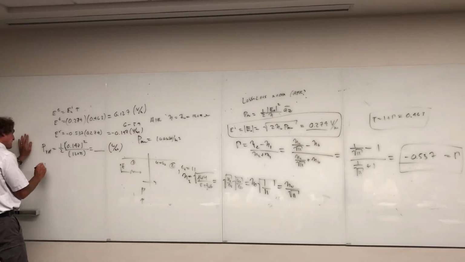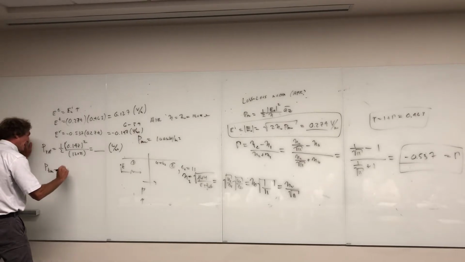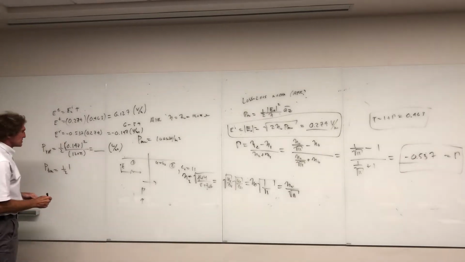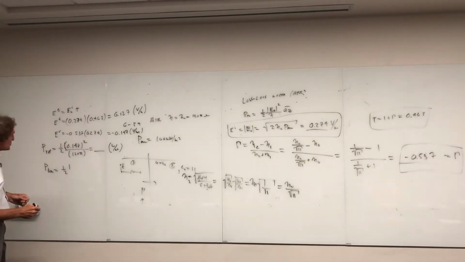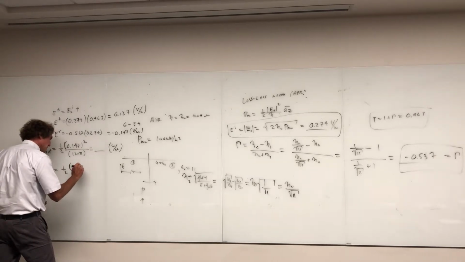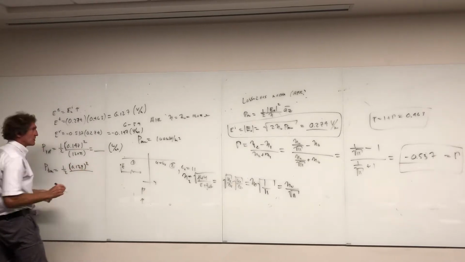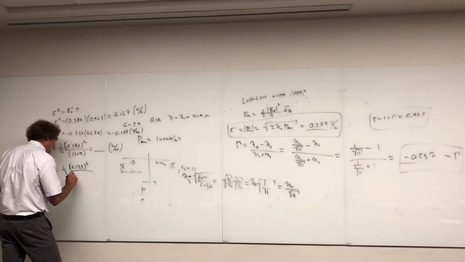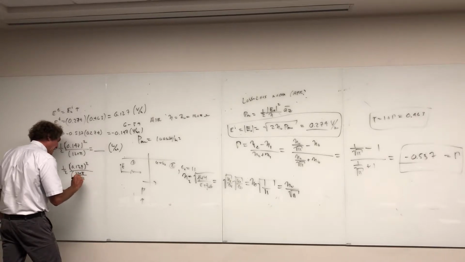The second thing you get is P transmitted. And that would be 1/2 the E field that's transmitted, which is 0.127, squared, divided by eta. Well, eta in that one isn't eta naught. It's going to be 120 pi, but divided by the square root of 11.